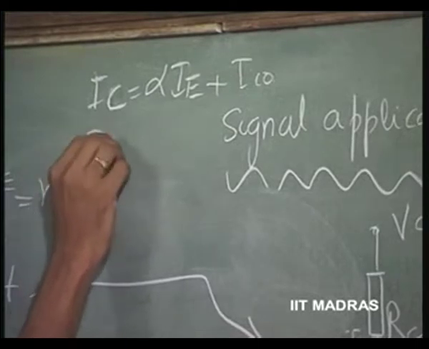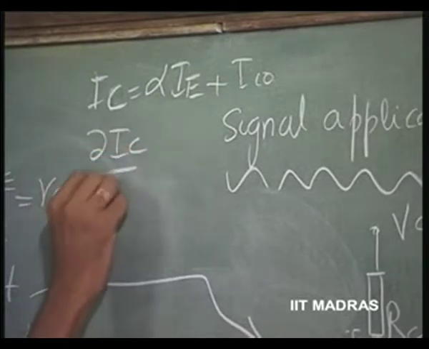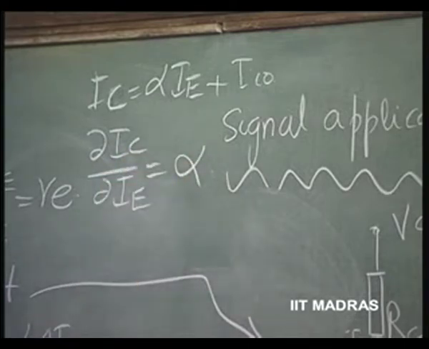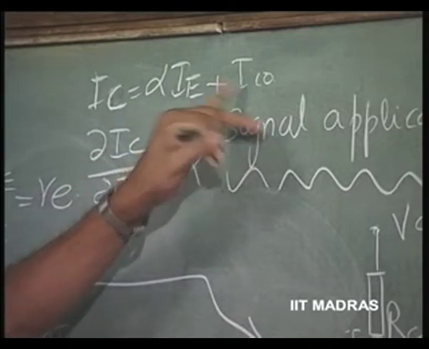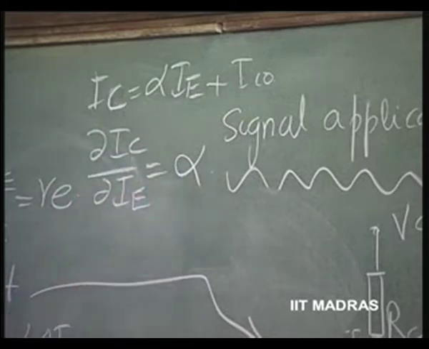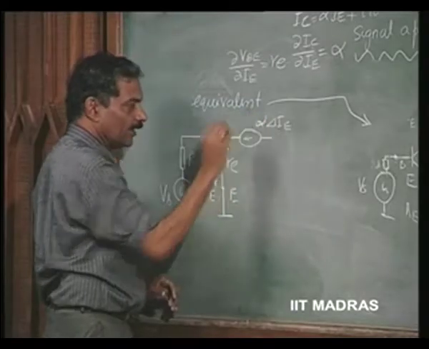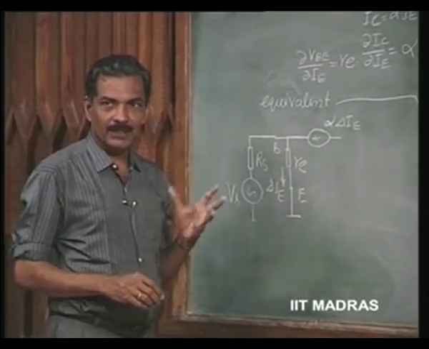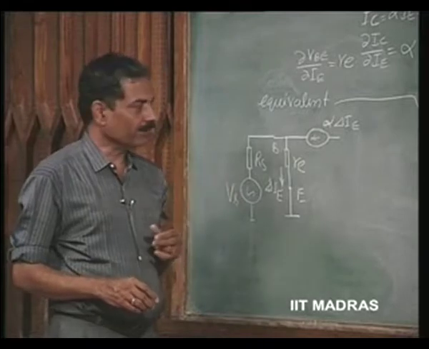So, delta Ic by delta Ie is equal to alpha here. Ic naught is a constant current. So, delta Ic by delta Ie is also called alpha, the current amplification factor which we have discussed, which is very close to 1, typically of the order of 0.99, 0.995, etc.